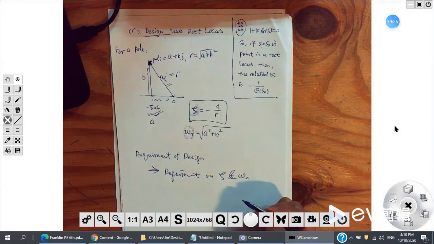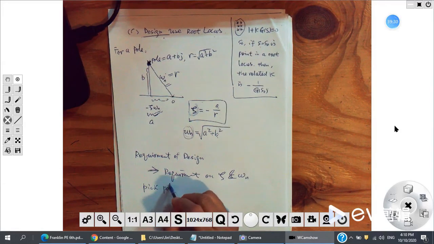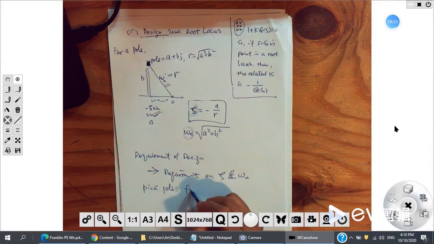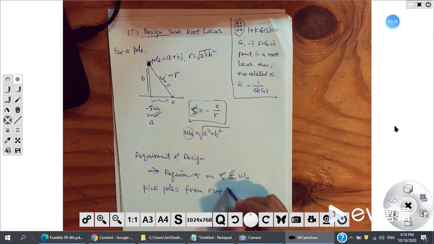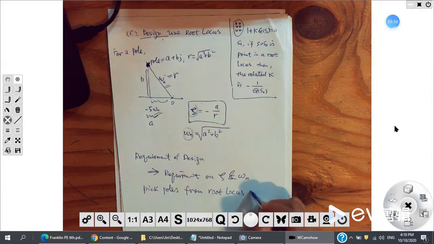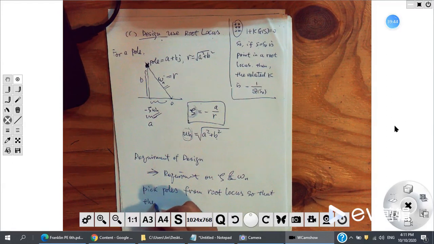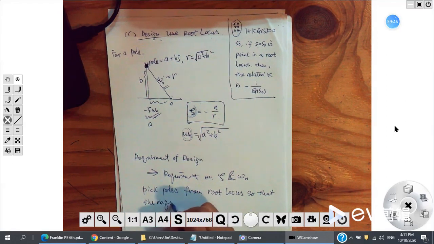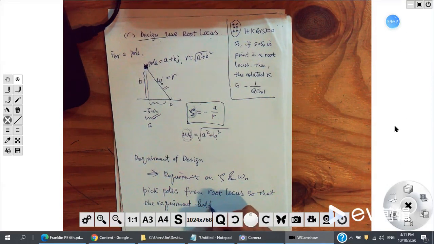Then pick poles from the root locus so that the requirement holds.